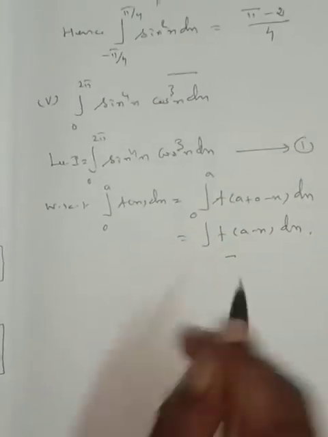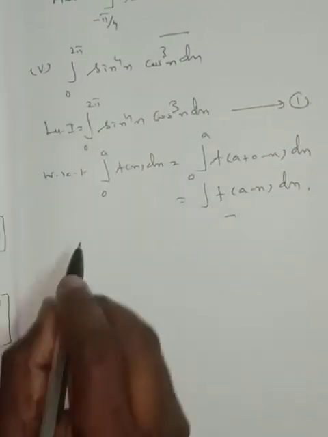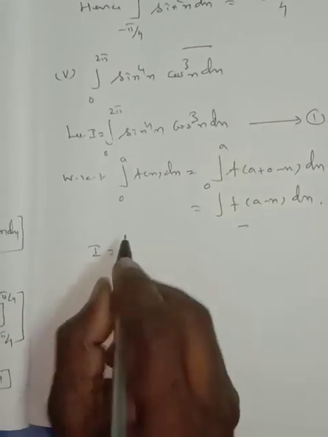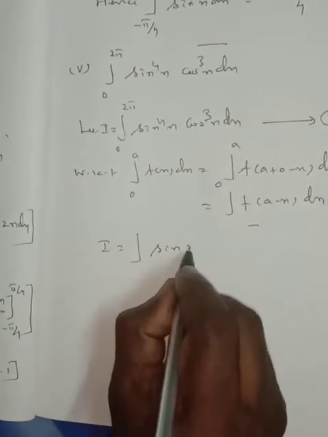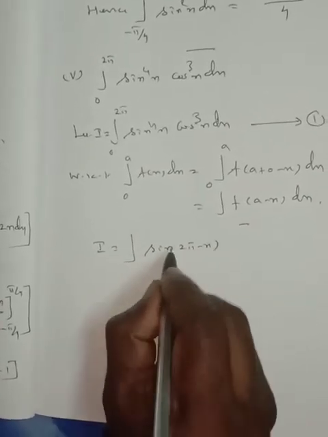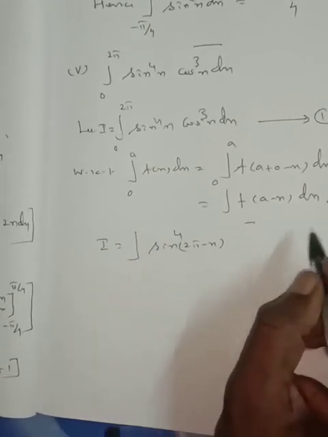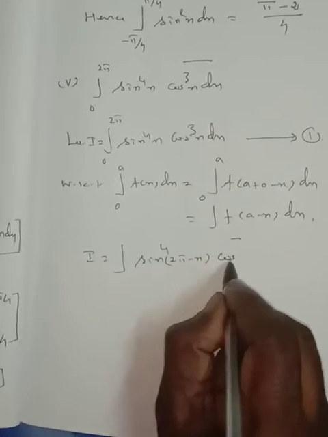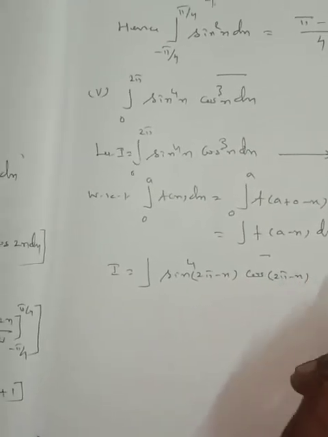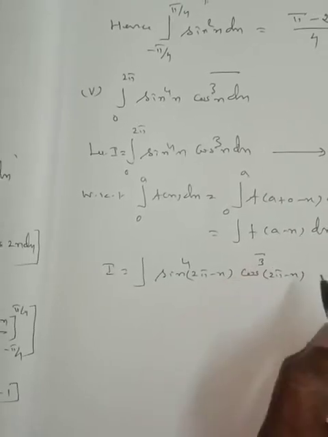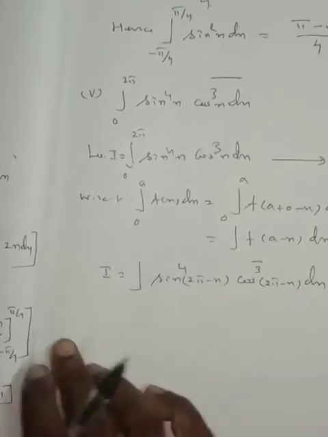This is the property. Using the property, we have I is equal to integral of sin 2 pi minus x whole to the power of 4 into cos 2 pi minus x whole to the power of 3 into dx.